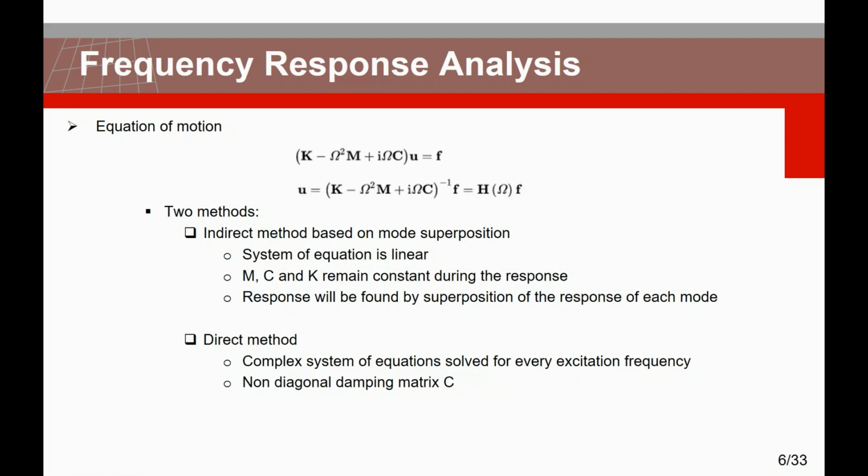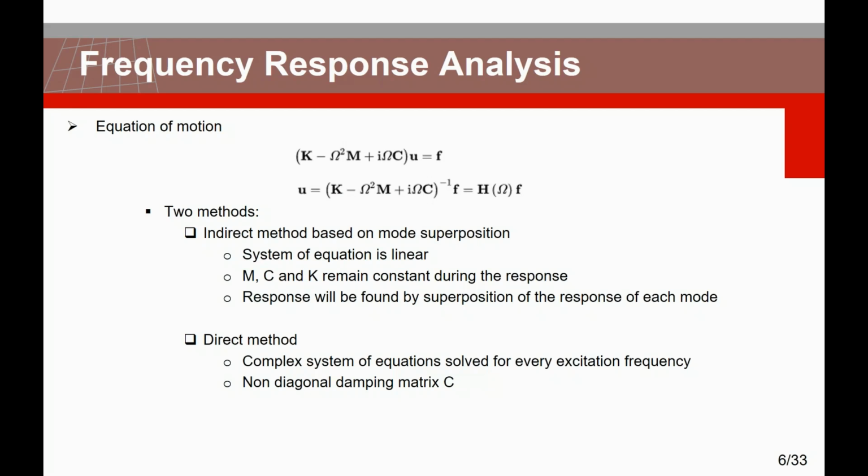There are two methods to solve the equation of motion: an indirect method based on mode superposition, the so-called modal frequency response analysis in Diana, and a direct method, which is the direct frequency response analysis in Diana. The modal frequency response method may be employed providing the system of equations is linear. That is to say that the K, M, and C matrices remain constant during the response.